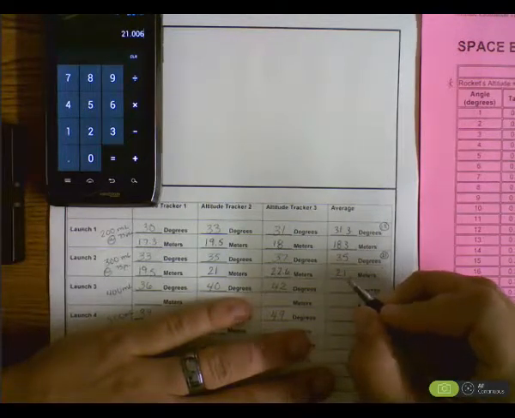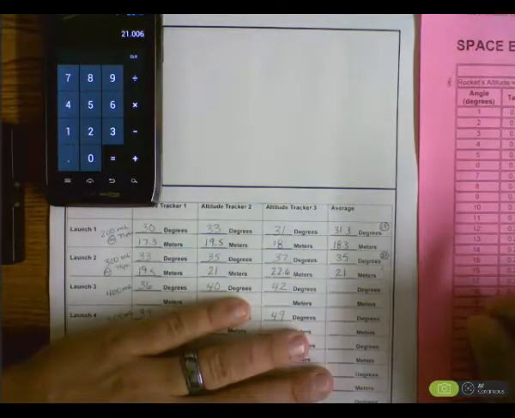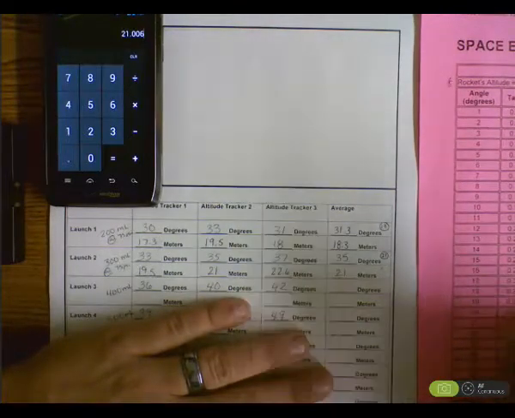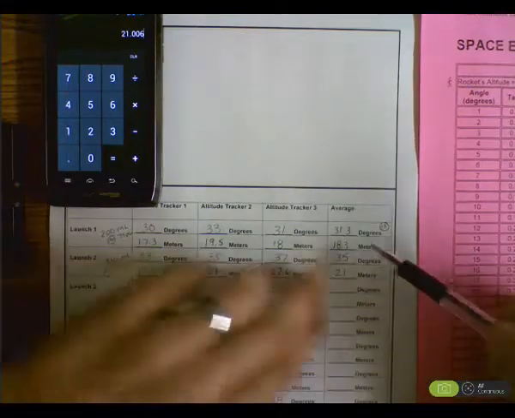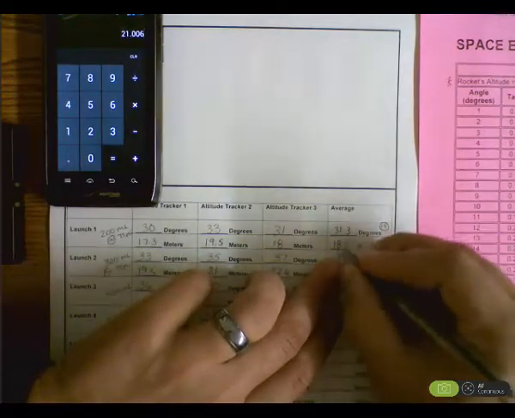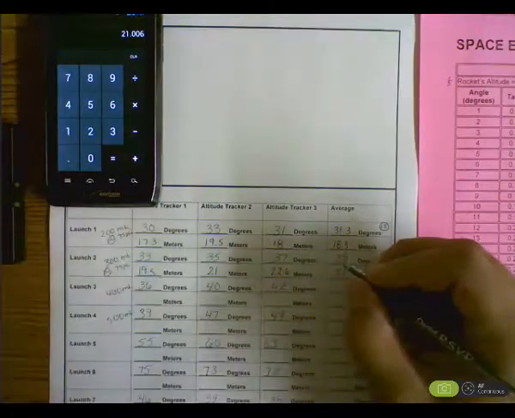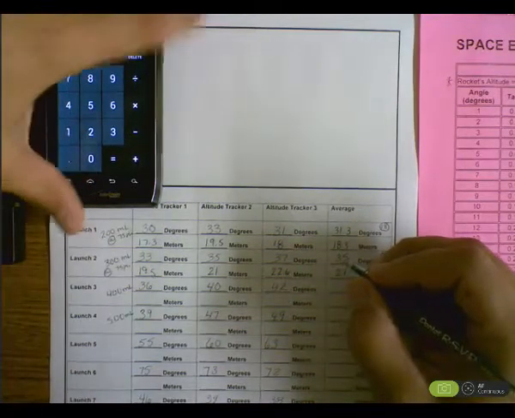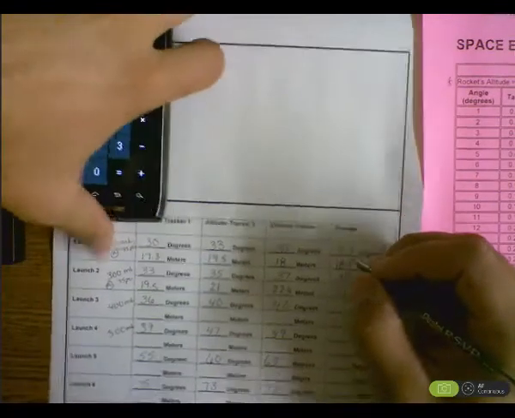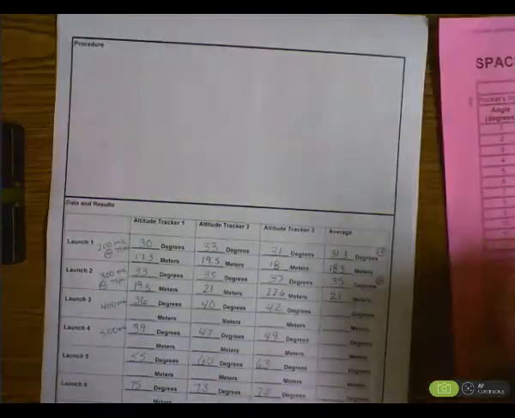You are going to need to go about doing this for every single one of your launches. Once I've found out my average meters here, I need to take that information and put it inside of my graph. So I've got my meters.